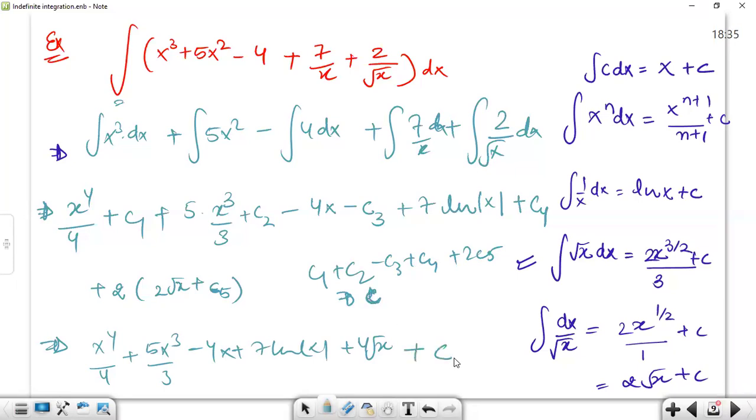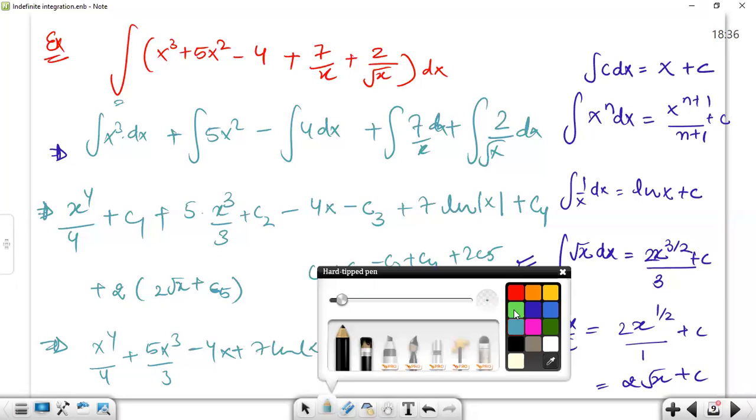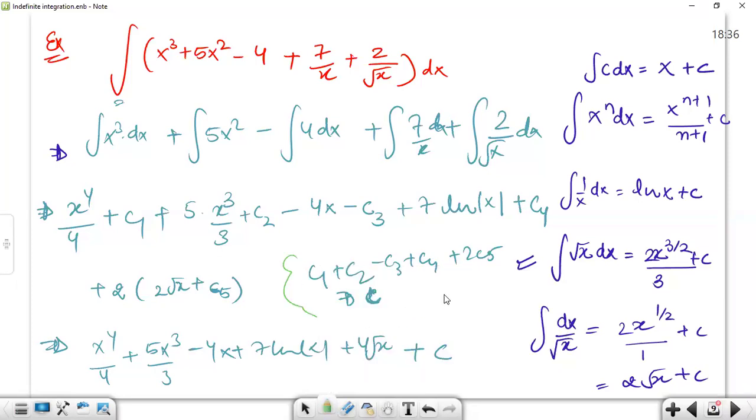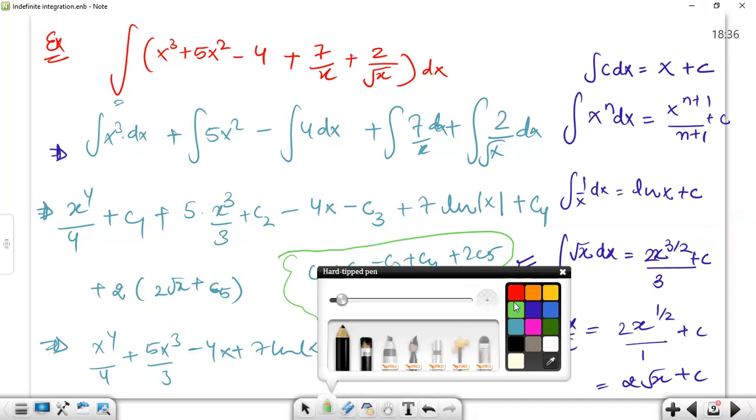So let's write plus c, okay? And for our convenience, we can also let the constant be in logarithm value, if it is convenient to us. Yes. So is this clear to everyone, how we have solved this question? Yes, sir.